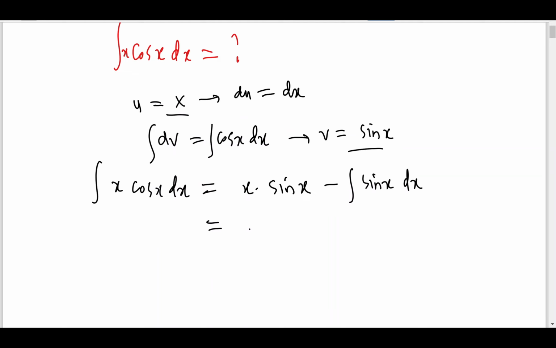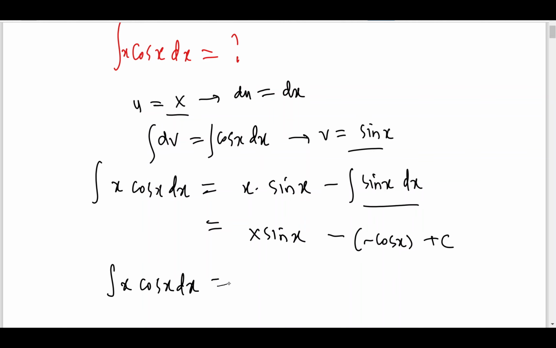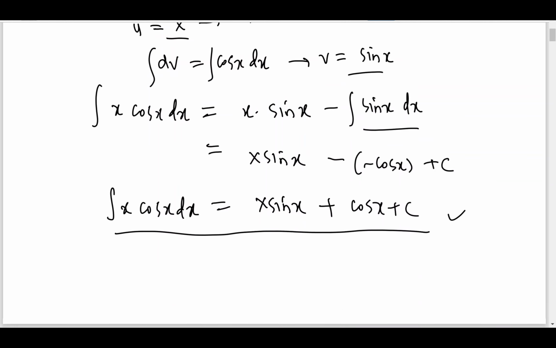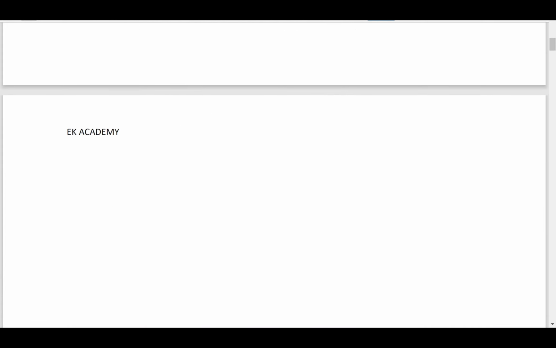So this is x sine x minus the integral of sine x dx, which is negative cosine x plus a constant. Eventually we get the result: the integral of x cosine x dx equals x sine x plus cosine x plus a constant. That is the first example.